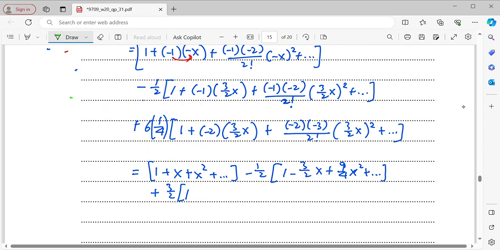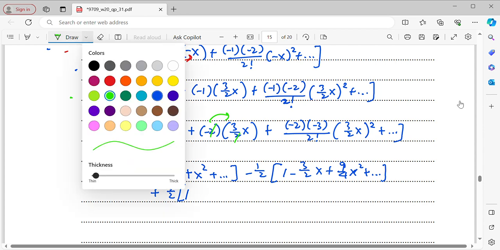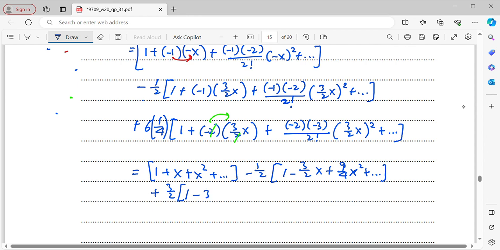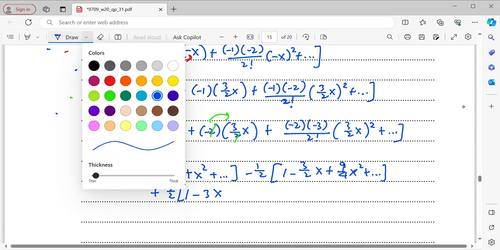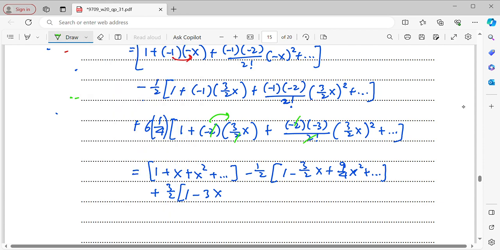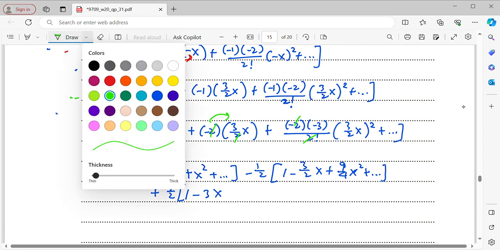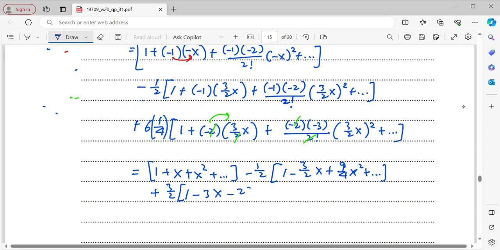So then when you simplify, this is minus 3x. Then this one is going to be, the 2 cancel, so 27 over 4 negative, so negative 27 over 4. Okay, it's positive because minus minus is a plus, then x squared.